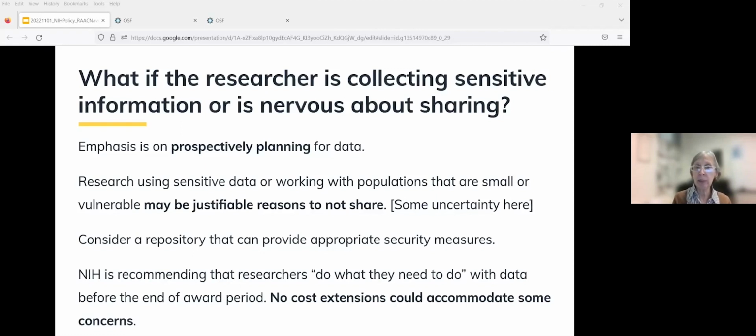And then if it's human subjects research, you want to be sure that you build in your informed consent documents transparency with what your data sharing plan is so that participants understand what they are agreeing to. A researcher's nervousness about sharing from a concern about things like scooping that data for another publication is just not something that is really condoned in the world that we are moving into.